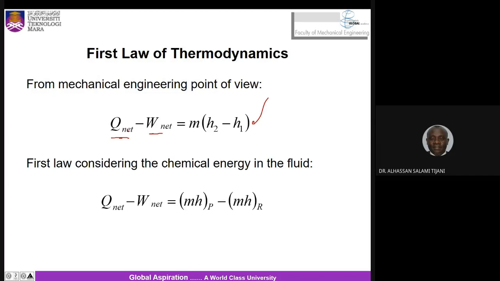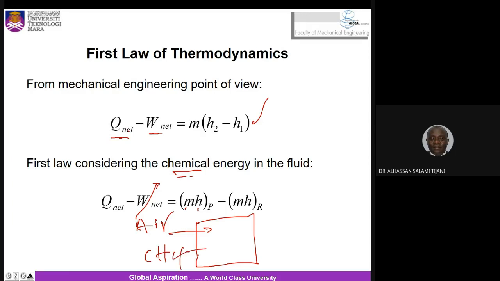So from the first law of thermodynamics, considering chemical reaction, this can be reduced to mass of the product times the enthalpy of the product minus mass of the reactant times the enthalpy of the reactant. Okay? But in any combustion situation, there is no net work output. Because let's say this is a combustion chamber, air is coming in, and then we have fuel, let's say CH4, also coming in.